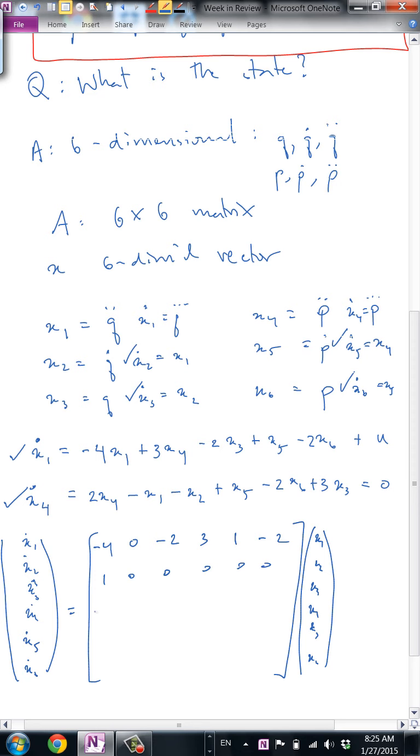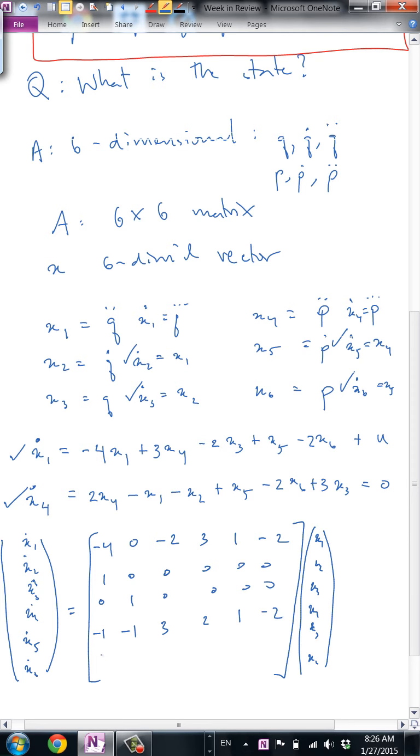X3 dot is equal to x2. X4 dot is again this complicated one, so we've got x4 dot is equal to minus 1x1, minus 1x2, 3x3, 2x4, 1x5, and minus 2x6.